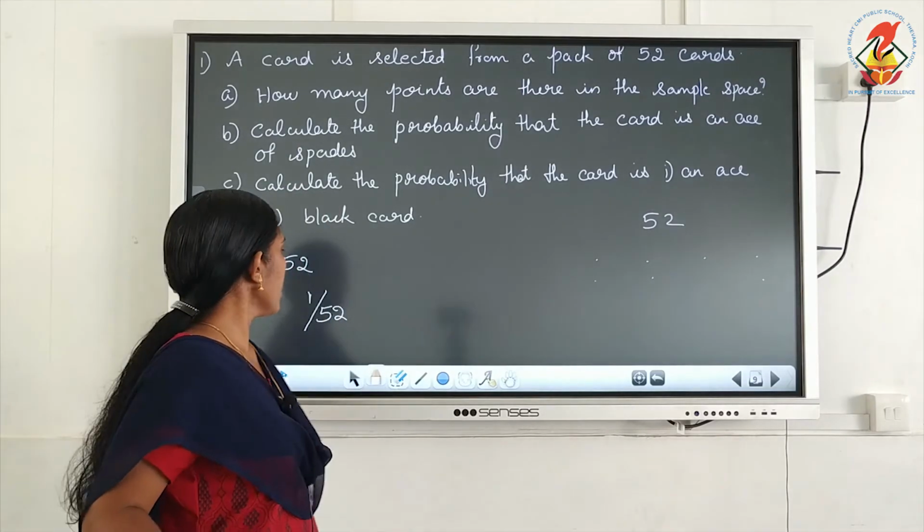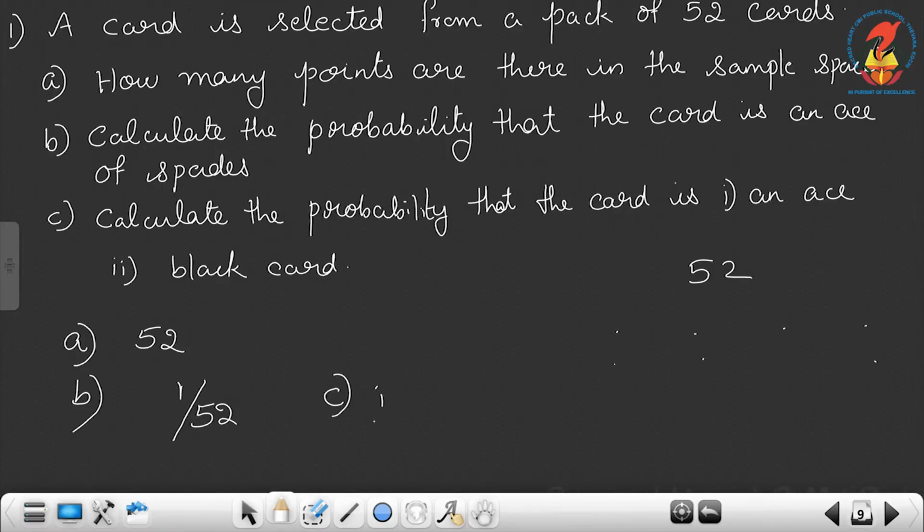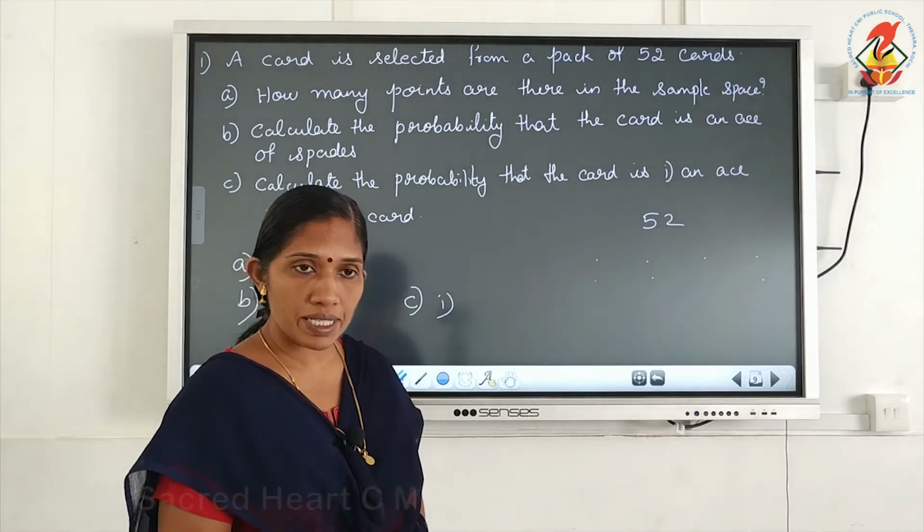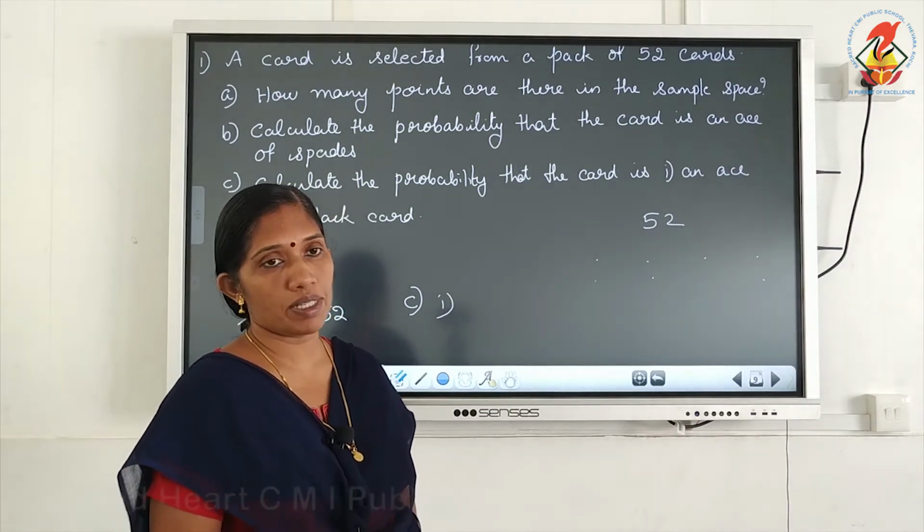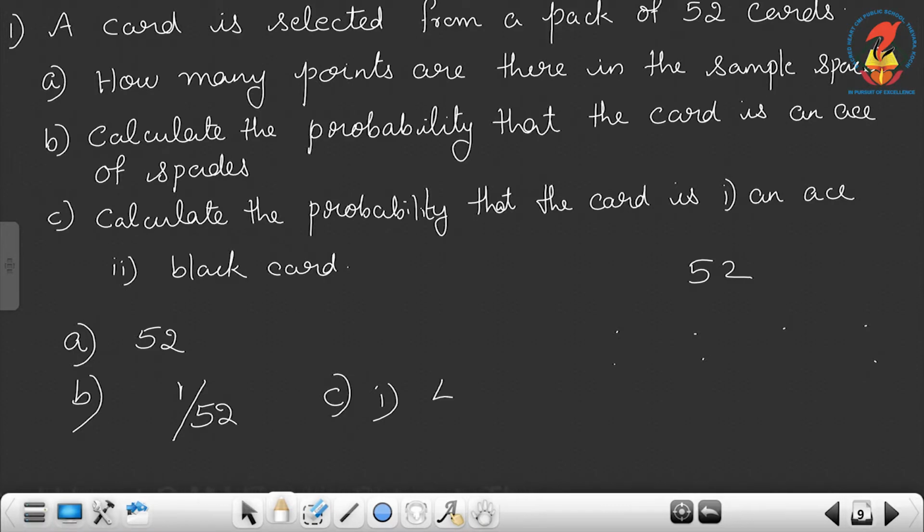Okay. Now the first one: probability that the card is an ace. How many aces are there? How many favorable outcomes? There are 4 aces, so favorable outcomes are 4 out of 52. Then black cards.